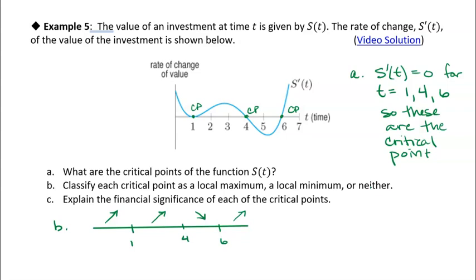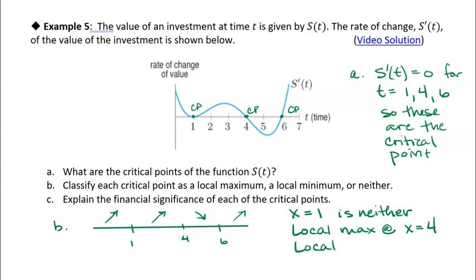So you can see that t equals 1 is neither. Let me just write that down. t equals 1 is neither. It's neither a local maximum or a local minimum. But we have a local maximum at t equals 4, and we have a local minimum at t equals 6.